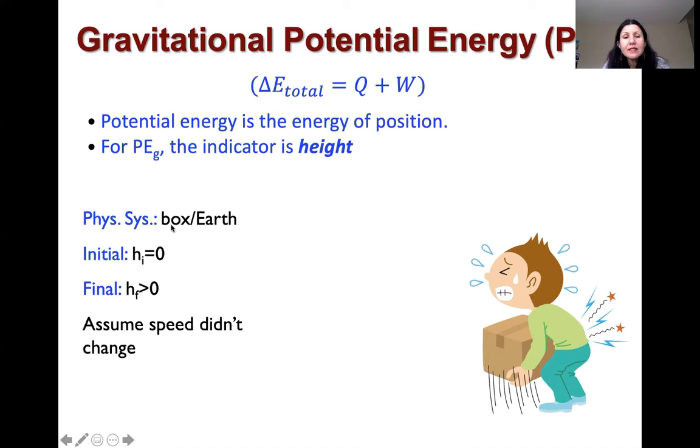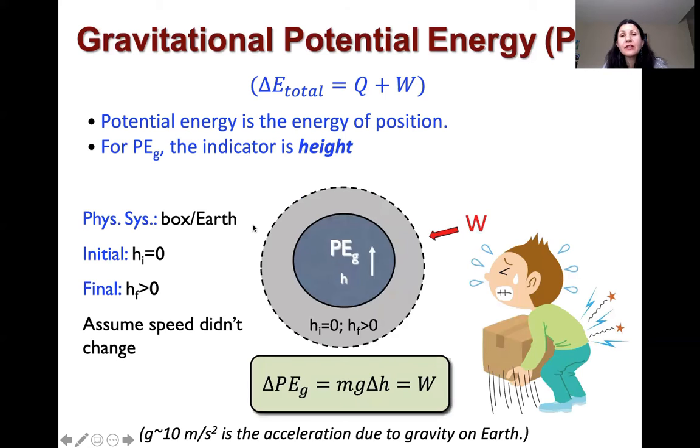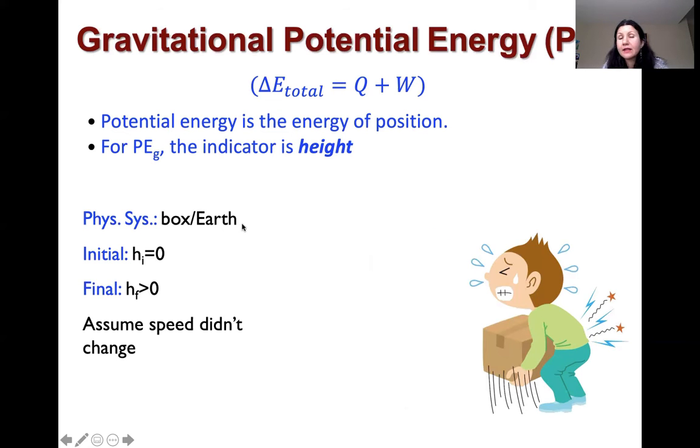Now in a physical system, whenever we're talking about gravitational potential energy, we have to include the object whose potential energy is changing plus the earth. And the reason is that it's exactly that interaction between the object and the earth that's giving it that gravitational potential energy.